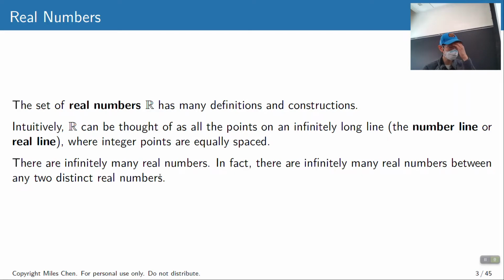There are different definitions and constructions for this, but at a simple intuitive level, we can think of this number line, and the real number line is basically all the points on that infinitely long number line, and you've got integers on that number line, and they're all equally spaced out. But the real numbers are basically all of those points, all infinitely many of them.